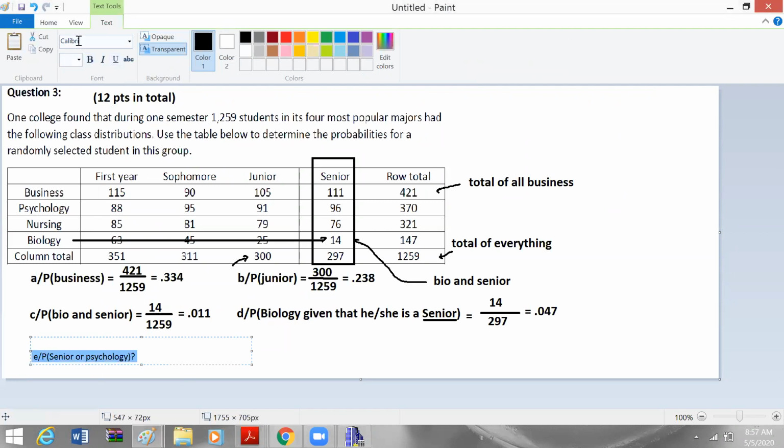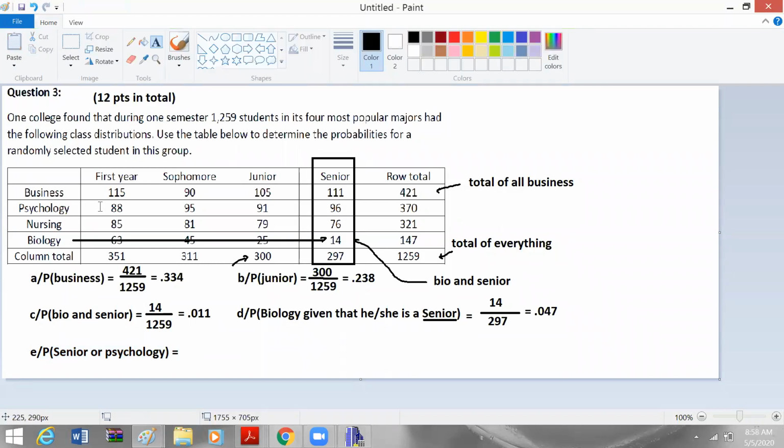So we need to compute this, seniors or psychology. So this is the thing that we need to do, right? And so for this part, what should we do? Senior or psychology. So we need the senior. Where's my senior?